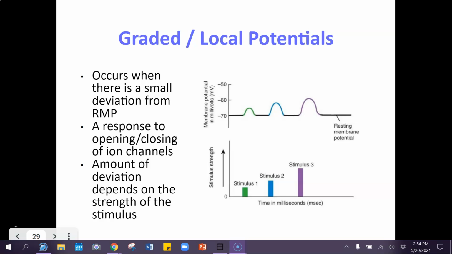And then it radiates outward from the area of the receptor. The further the postsynaptic potential gets from the point of origin, the weaker it becomes. And the reason for this is because the cytoplasm of the cell acts as a resistor to the spreading of the potential.